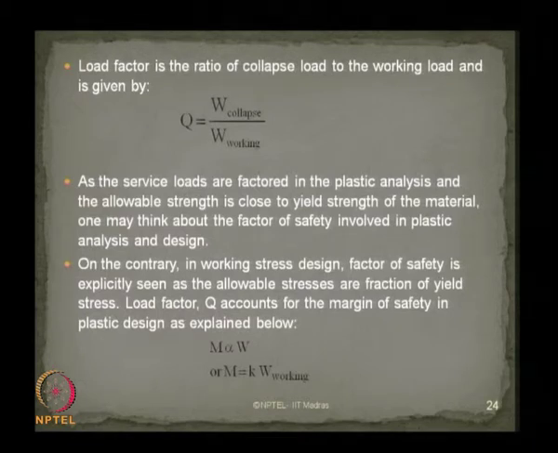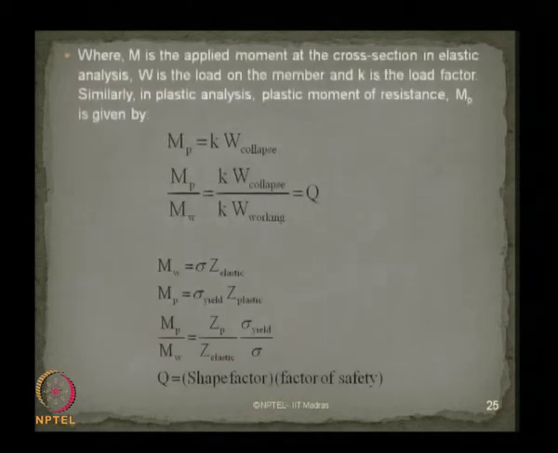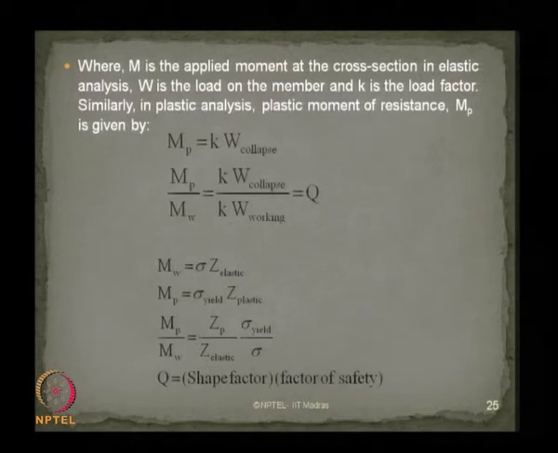The load factor Q, which accounts for the margin of safety in plastic design, is therefore explained below. Let us say M is proportional to W, or M can be a multiplier constant K times the working load W, where M is the applied moment at the cross section in elastic analysis and W is a load on the member, and K of course is what we call the load factor. Similarly, in plastic analysis, the plastic moment of resistance MP is given by a simple equation as you see here.